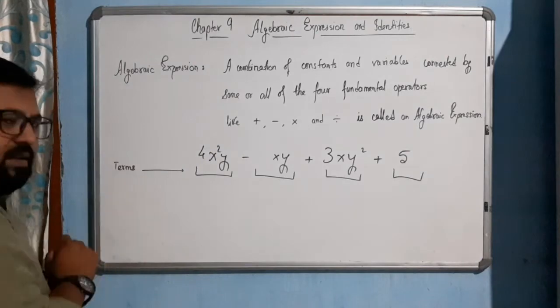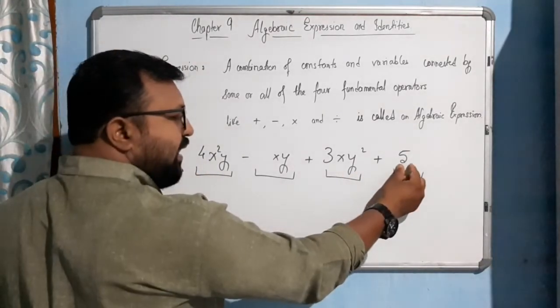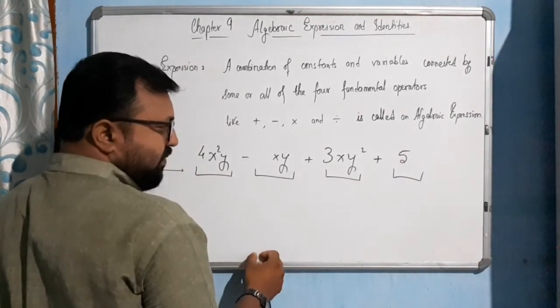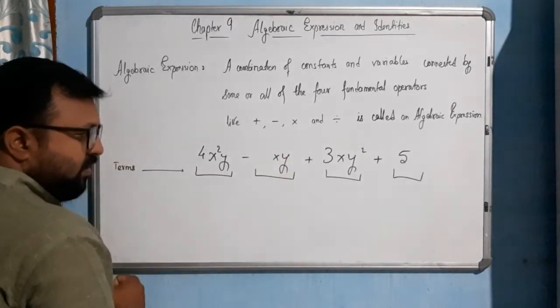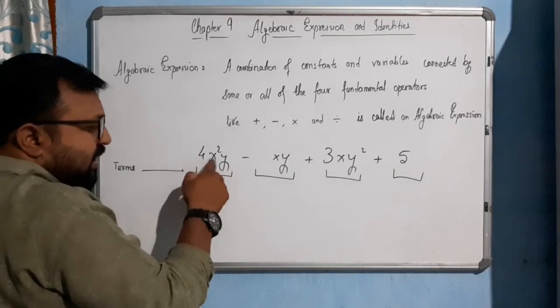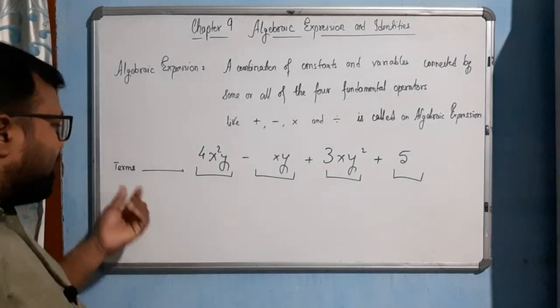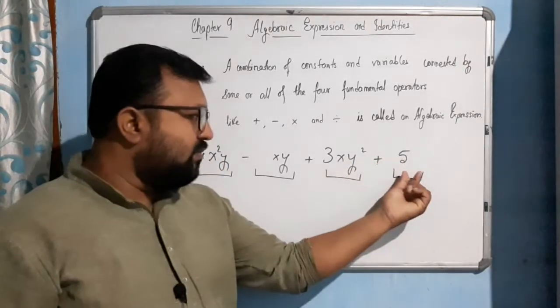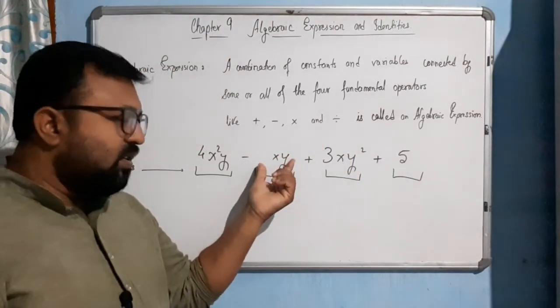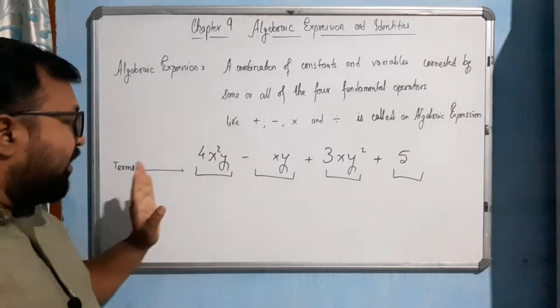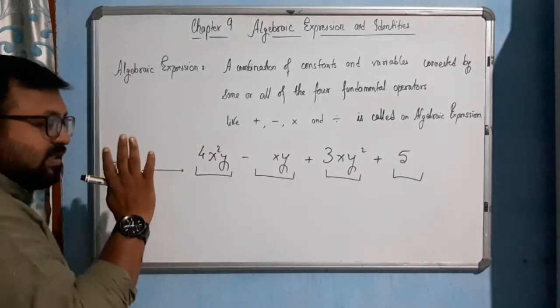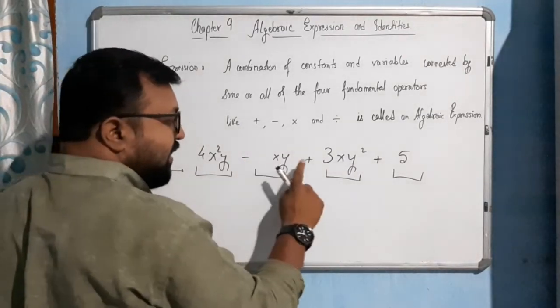So in a term, you may have a single constant number, a combination of variables, or a combination of constants and variables. And remember that terms are separated only by minus and plus.